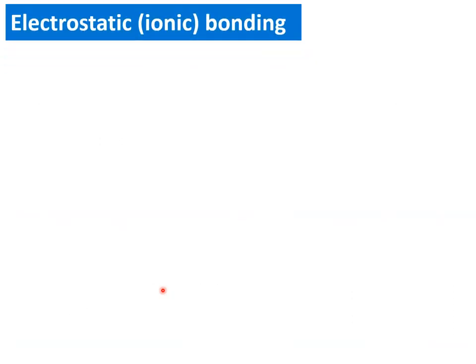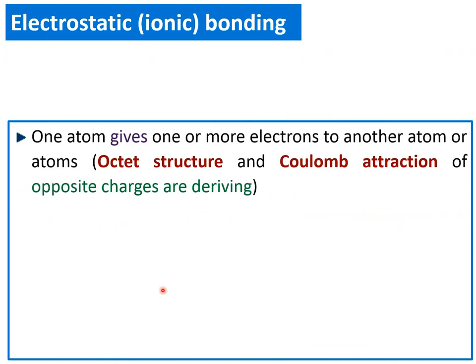In the ionic bonding, one atom gives one or more electrons to another atom or a group of atoms to achieve the octet rule. Every single atom wants to have 8 electrons in the outer shell to attain a stable state.